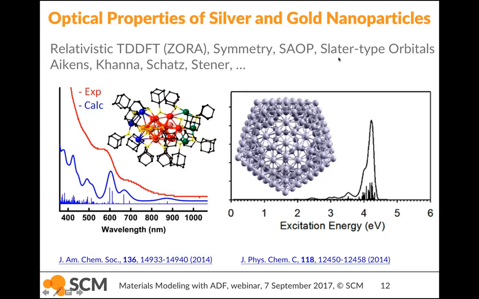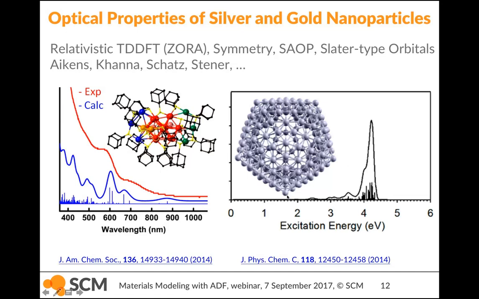So through having this specific set of technical settings, ADF has been used for a long time with satisfactory results for studying optical properties of nanoparticles. There are many groups who've been using this and are still using this. I'm just mentioning a few: the ICONS group, Chivkana, George Schatz, Mauro Steiner, but many other groups have been using ADF as well, typically for silver and gold nanoparticles.